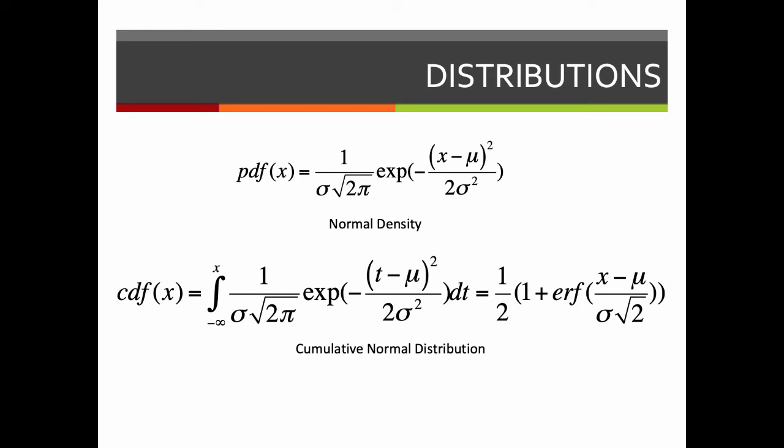There's several distributions in use. We're going to go through a few of them here, and we'll see examples of these in a minute. One is the normal distribution, and the important metrics of the normal distribution are the mean, mu, and the standard deviation, sigma.